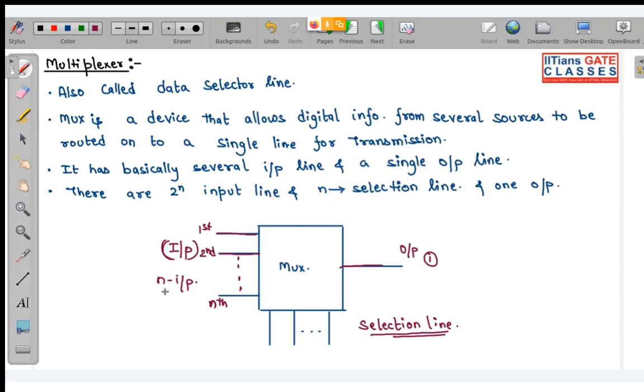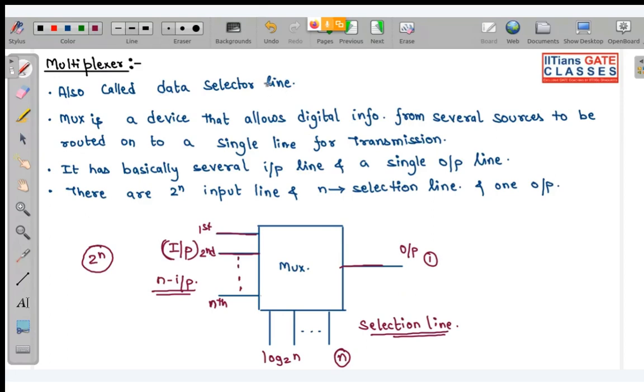Now, if there are n inputs, the selection lines will be log base 2 of n, or if there are 2 to the power n inputs, your selection lines will be n. Selection lines are basically the lines with the help of which we select which input should be connected to your output. So this is also known as a data selector.